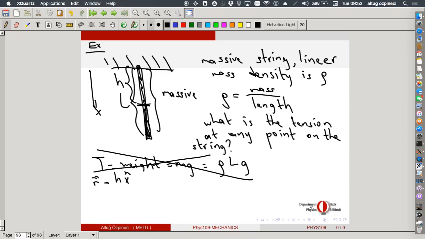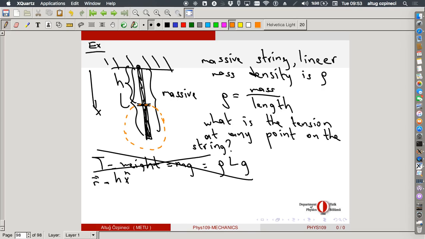Now we can apply Newton's laws. Let's just consider this part of the string. Let's first draw what we call the free body diagram. Since there are no forces that would cause this part of the string to change its shape or cause deformations, I can still apply Newton's laws.